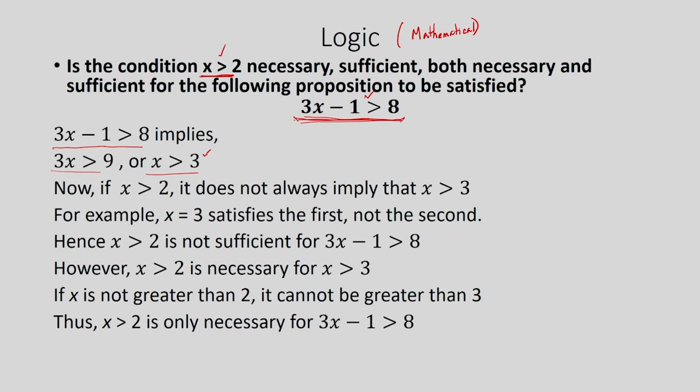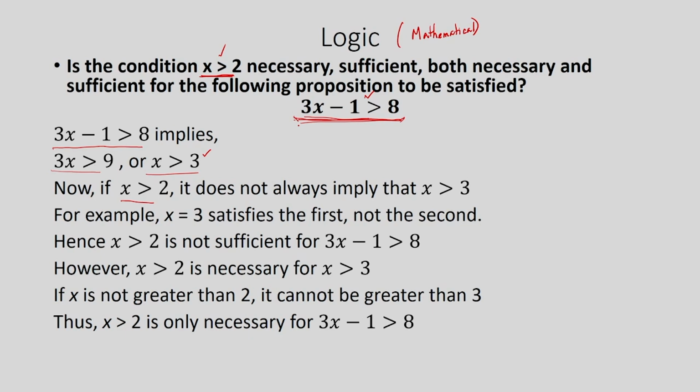Now, what is the condition that we have been given? The condition is x is strictly greater than 2. Let us now try to understand the relationship between the condition and the proposition, and that will give us the answer to the question. Now, if the condition is sufficient for this proposition, right, then if the condition is satisfied, then the proposition will also be satisfied.